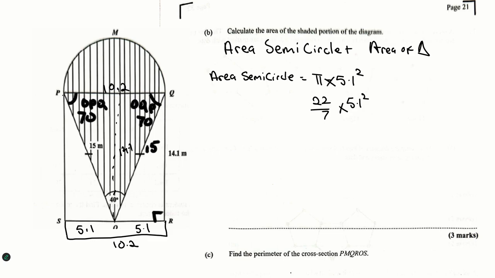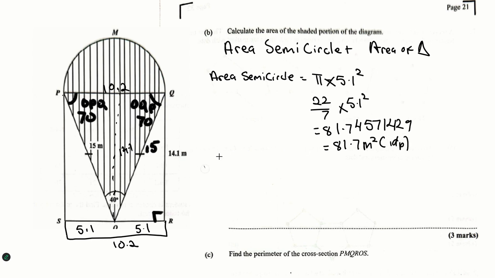Doing it in your calculator, it is equal to 81.745711429. So we'll just say 81.7 meters squared to one decimal, please.